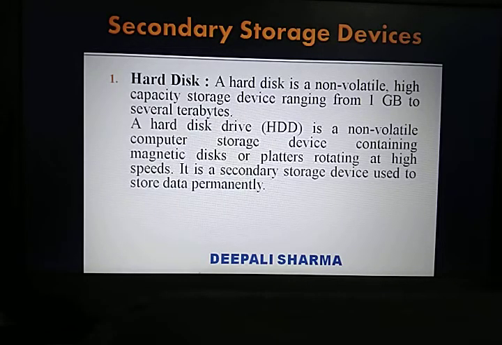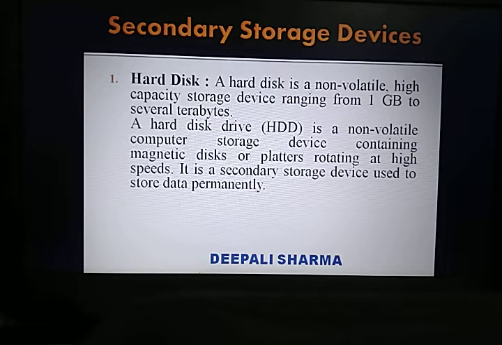A hard disk drive or HDD is a non-volatile computer storage device containing magnetic disks or platters rotating at a high speed. Basically, in your hard disk there are different components, sub-segments, tracks, and platters. Different units are there in that hardware device, and with the help of those things your hard disk works.